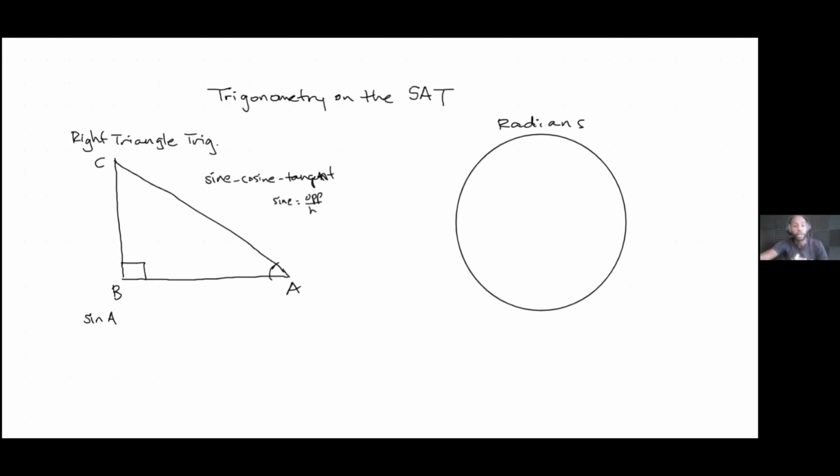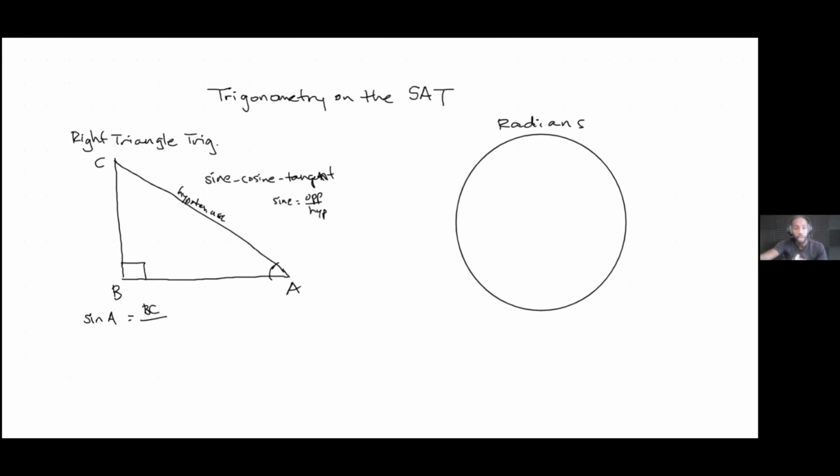This is the hypotenuse, and it's always the side opposite the right angle. The sine of an angle is a ratio of the side length opposite the angle over the hypotenuse of the triangle. So in this case, the sine of angle A is going to be a ratio of the side opposite angle A, which is line BC, over the hypotenuse, which in this case is AC.